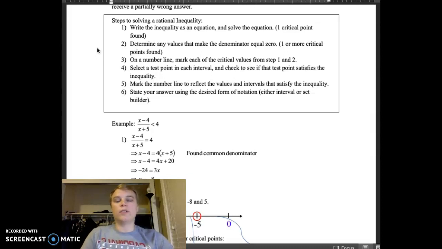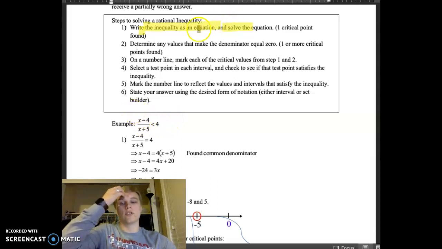So your first step is to write the inequality as an equation. Okay, you're writing it as an equation and then you solve, right? So this would be the second step pretty much of the radical inequality. So this is the first step for us.